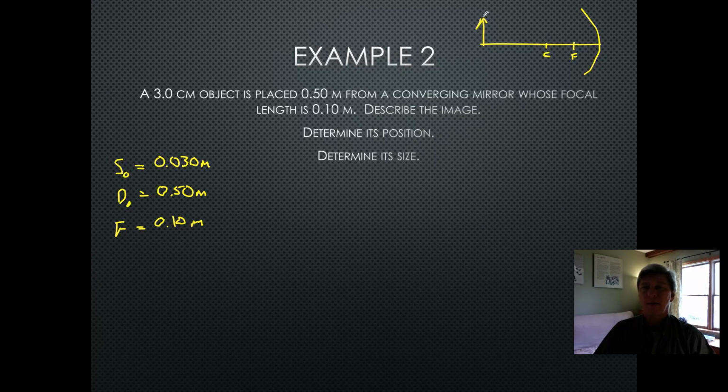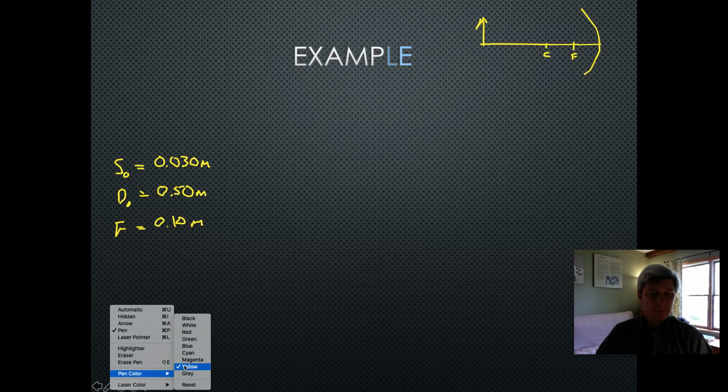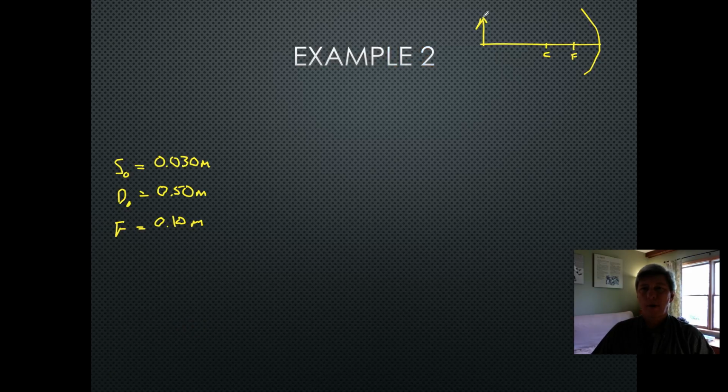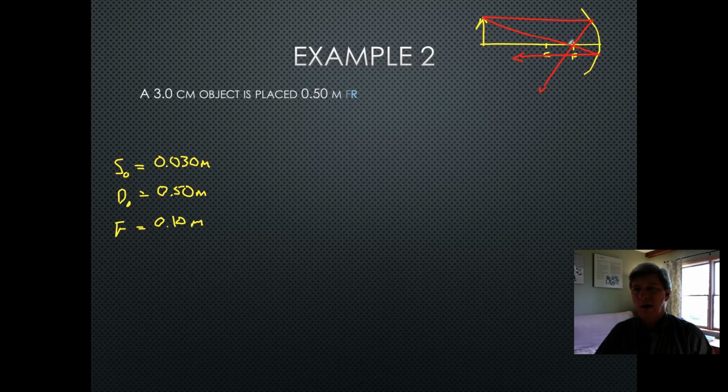Okay, and again, I'm going to send a ray parallel to the principal axis. It's going to reflect through the focal point. I'm going to send another one through the focal point, which is going to be reflected parallel, and that's going to give me an image which is going to be located again right about here.